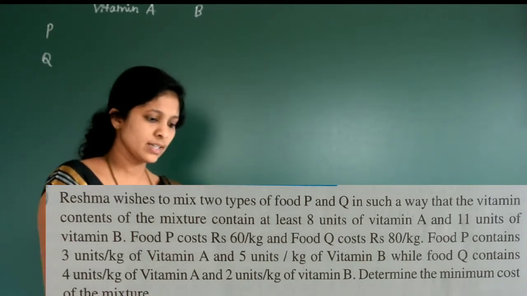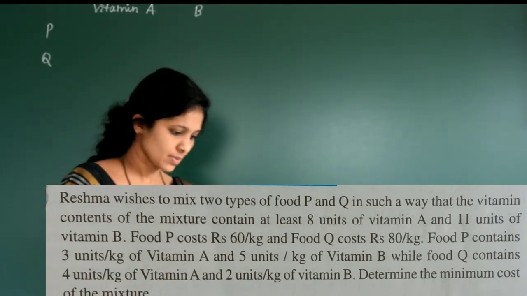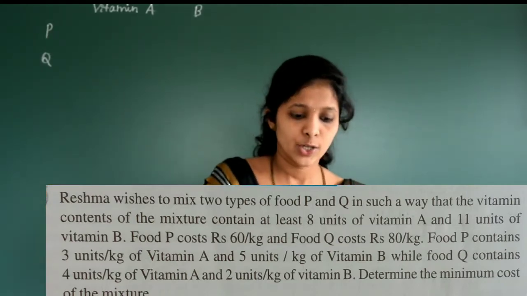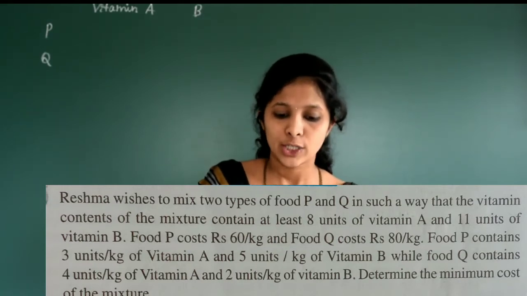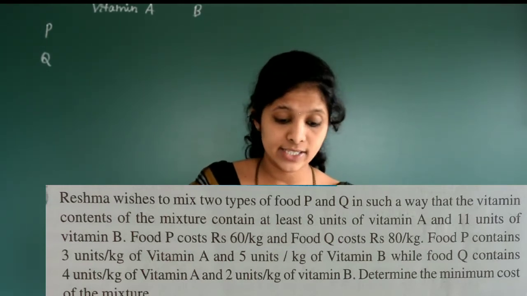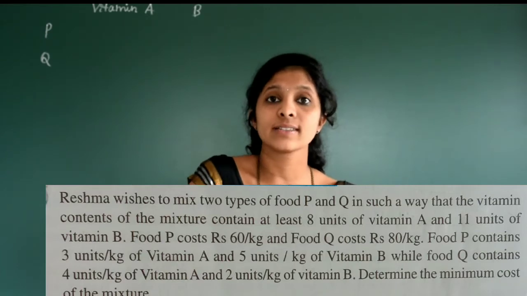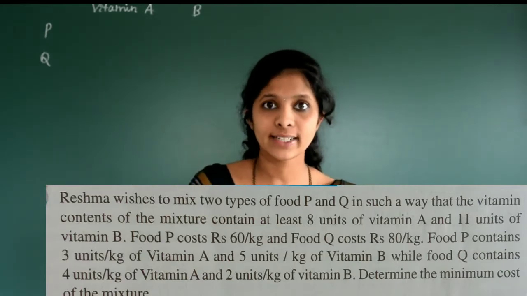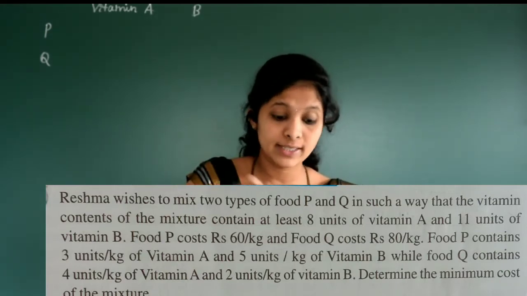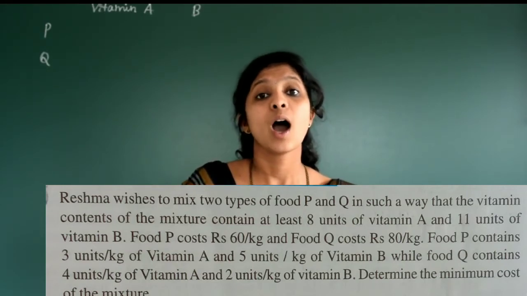Now we'll fill this one. It is given that food P costs rupees 60 per kg and food Q costs rupees 80 per kg. So cost is given. Cost is nothing but profit, so you have to maximize or minimize it. You have to consider this as the objective function.